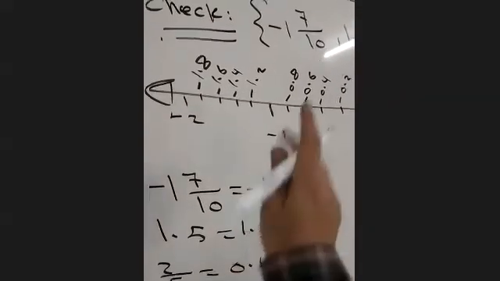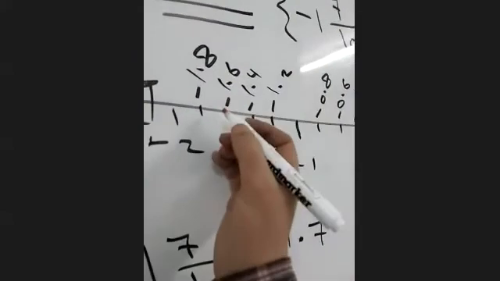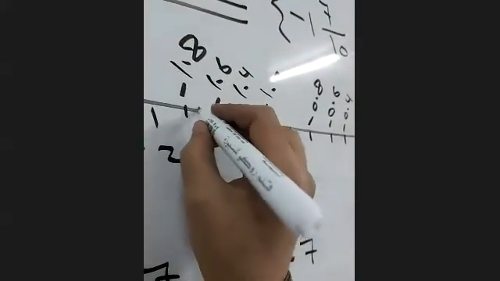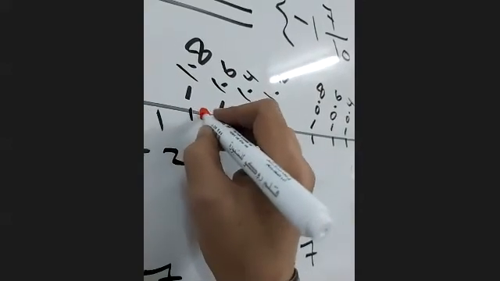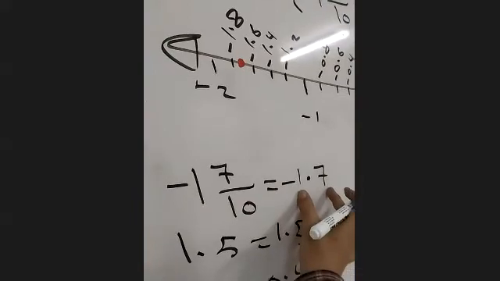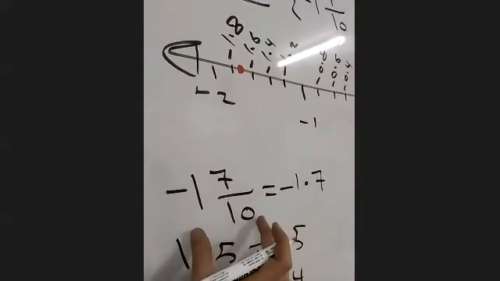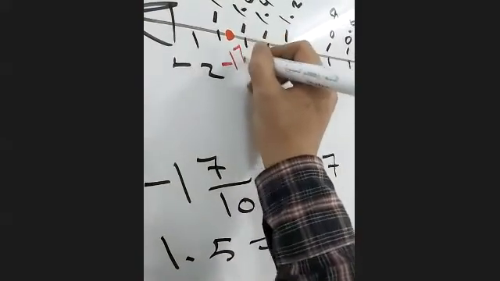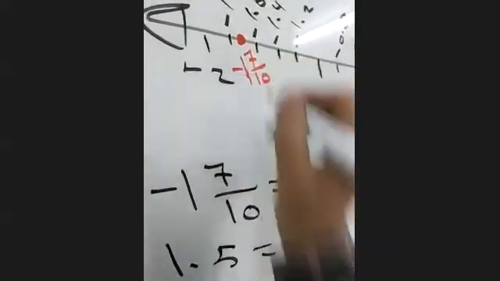The -1.7 is not here, but it will be between -1.6 and -1.8 here. But we won't write this number. We will write the original number of it, which is -1 and 7/10. Write it with me.